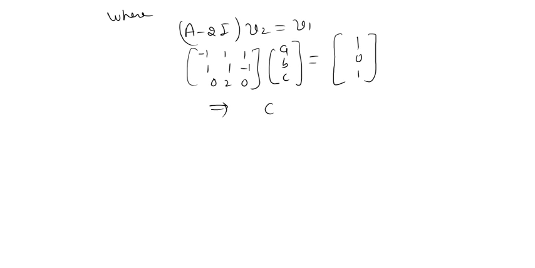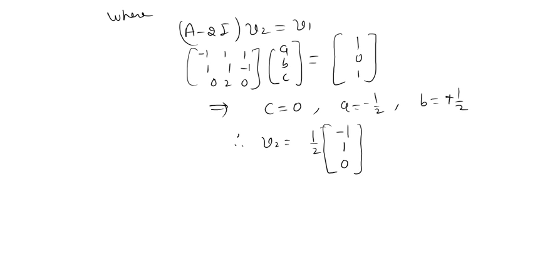So you got c equal to 0, a equal to minus 1/2 and b equal to 1/2. So v2 is, taking 1/2 outside, (-1, 1, 0), so c is 0.